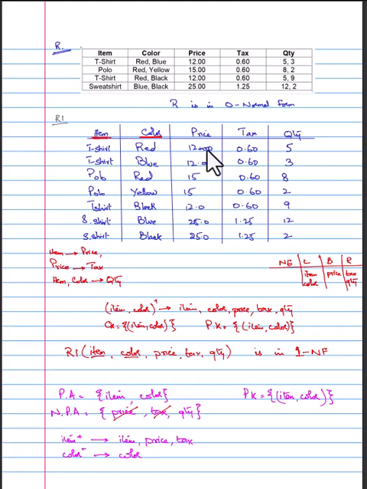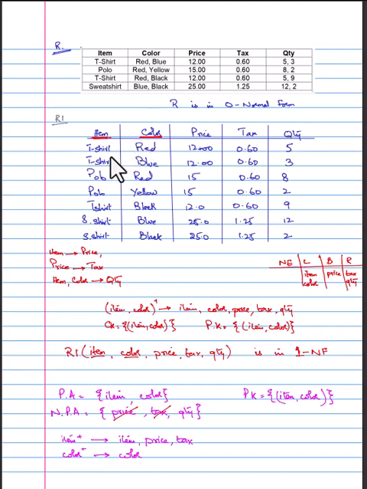And if we know the price, we can easily identify the tax. If it is 12, the tax is 0.6. See, for the price 12, the tax is always 0.6. This means price identifies the tax, but the quantity depends on both item and color.